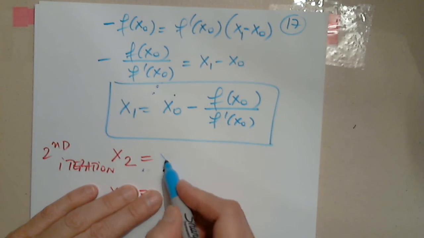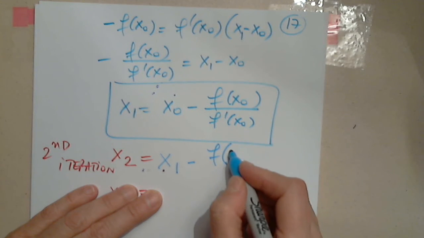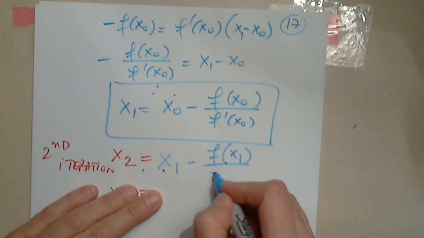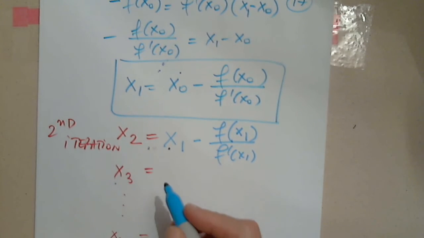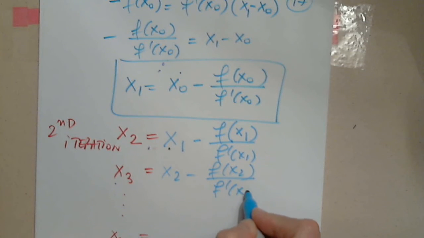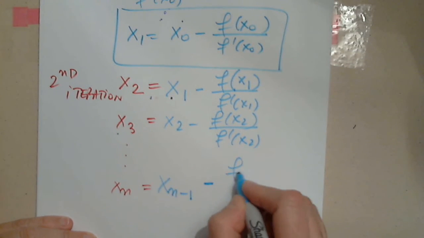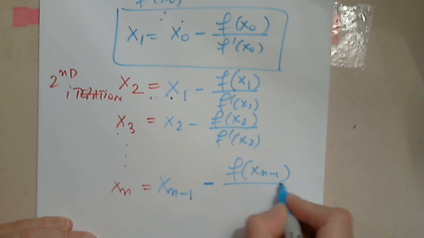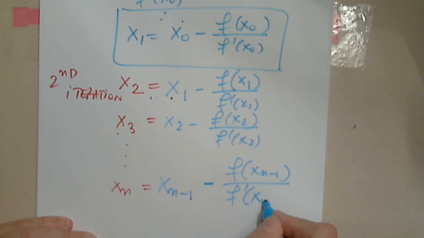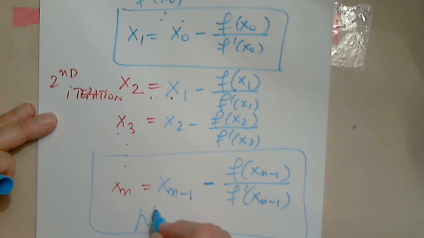So x2 equals x1 minus f of x1 over f prime of x1. Of course, this is x3 equals x2 minus f of x2 over f prime of x2, and indeed the previous one minus f of the previous one over f prime of the previous one. This is Newton's method.